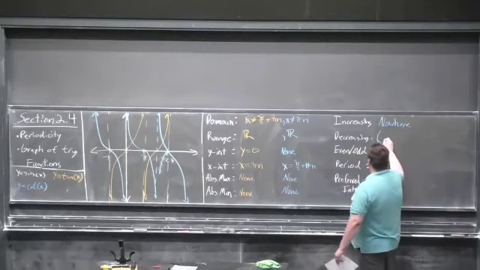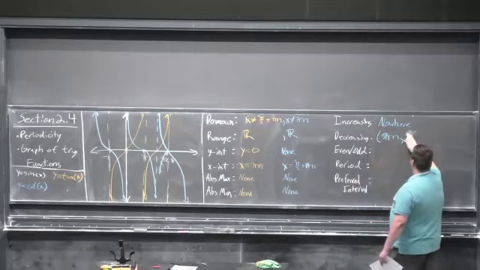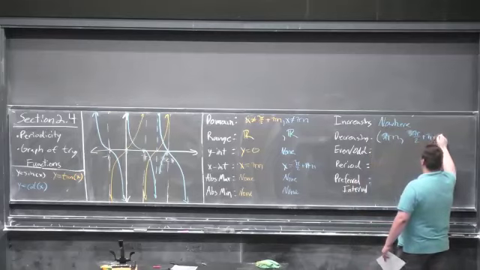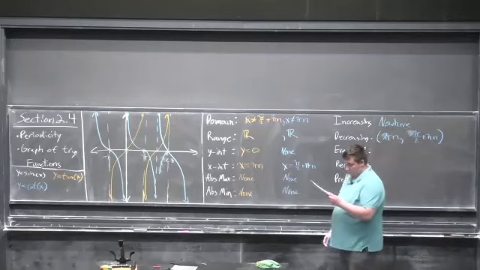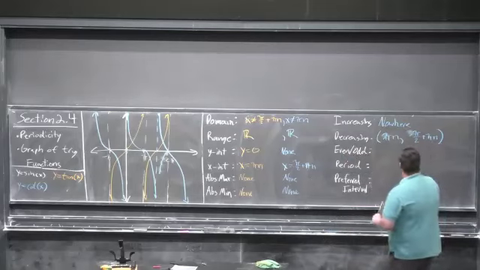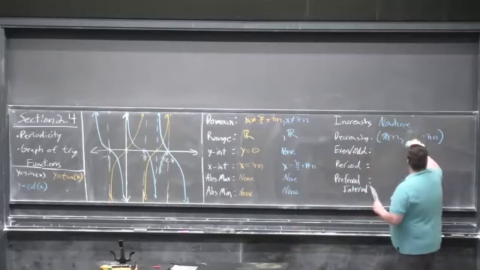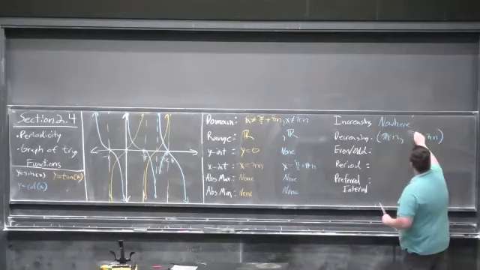So we can write that as from pi n to pi over 2 plus pi n. Oh, sorry, this is pi. Should just be pi. My bad. So we're going to write pi here.